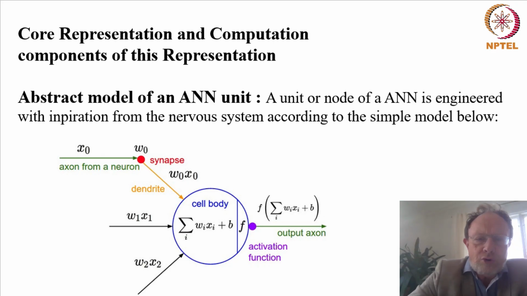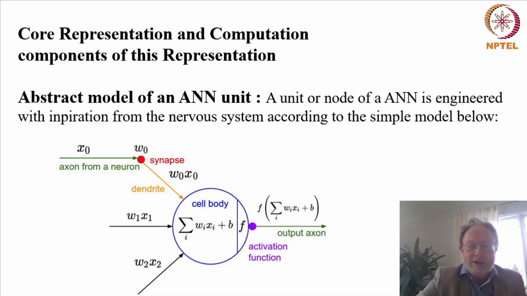Let's now be a little more concrete concerning the core components of this kind of representation. So let's look again at how we view the architecture of a neural network unit. A unit is supposed to have a number of inputs. In the real neural world, we talk about synapses and dendrites and so on.